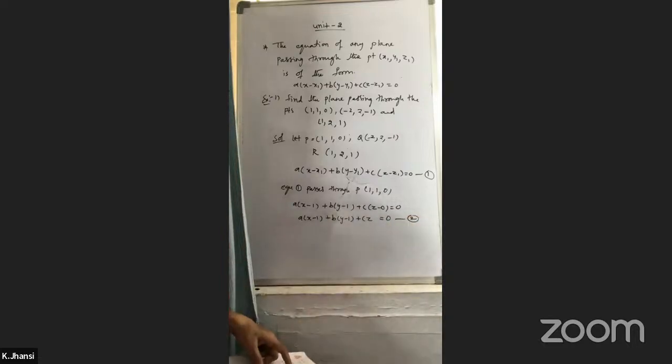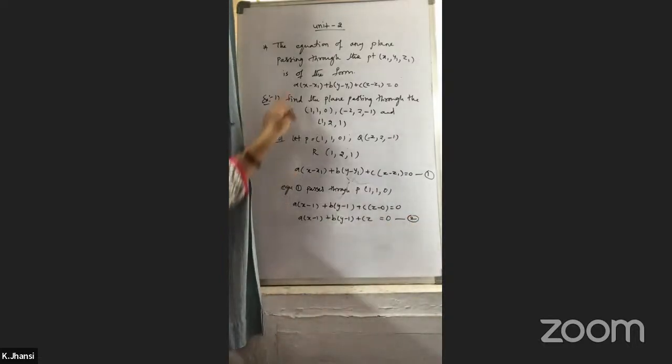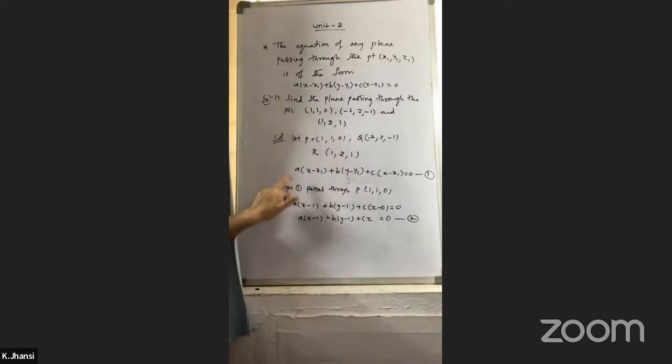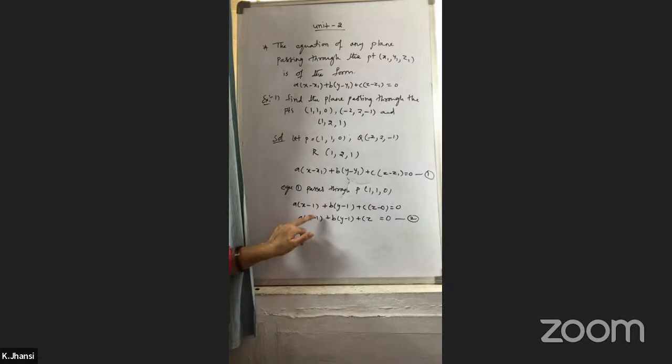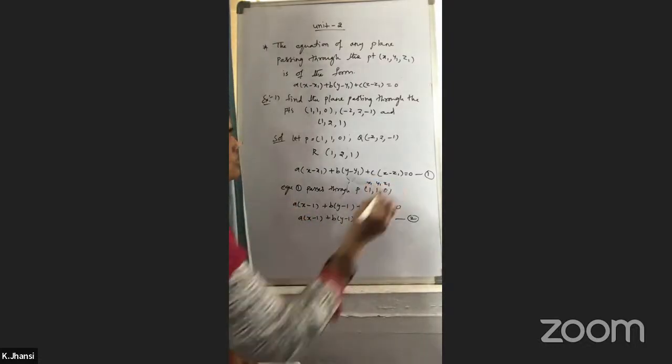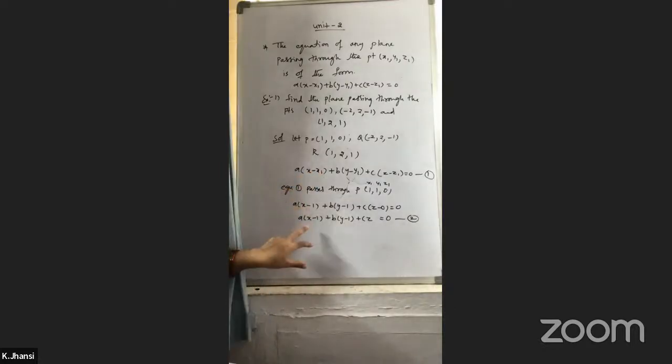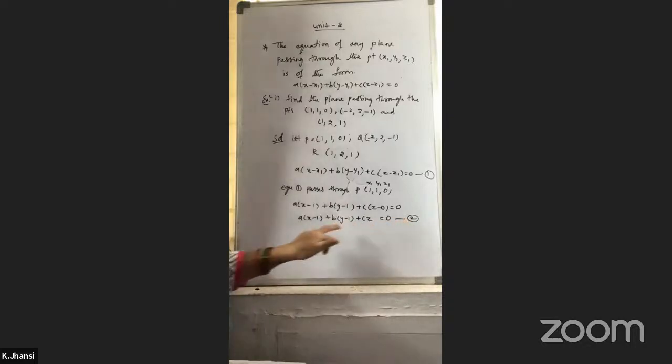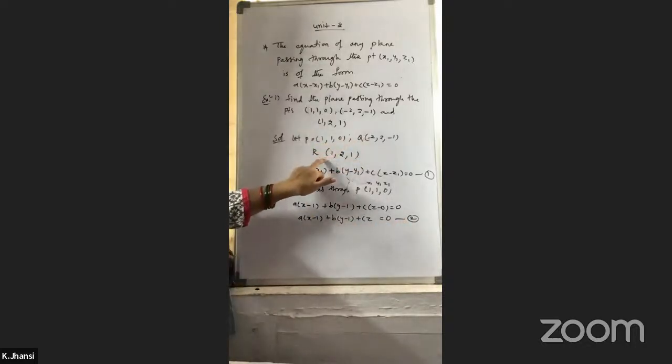Now you take this as equation 2. Whatever formula we have taken here, the first point it is passing through, we substitute as x1, y1, z1, and so we get this equation. This equation 2 is passing through the points Q and R.